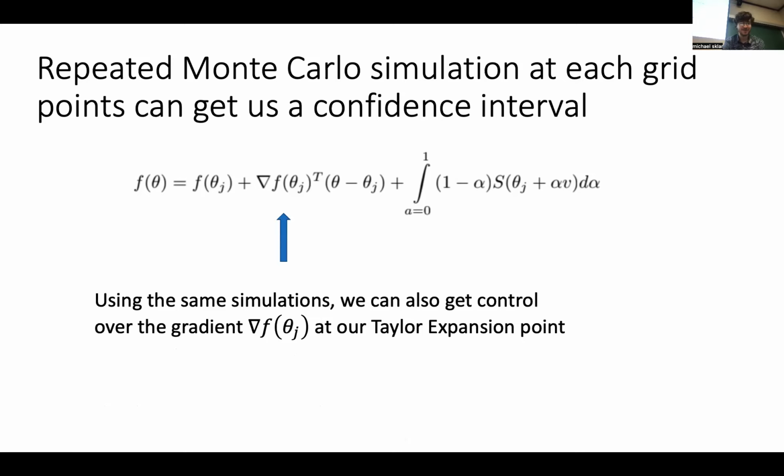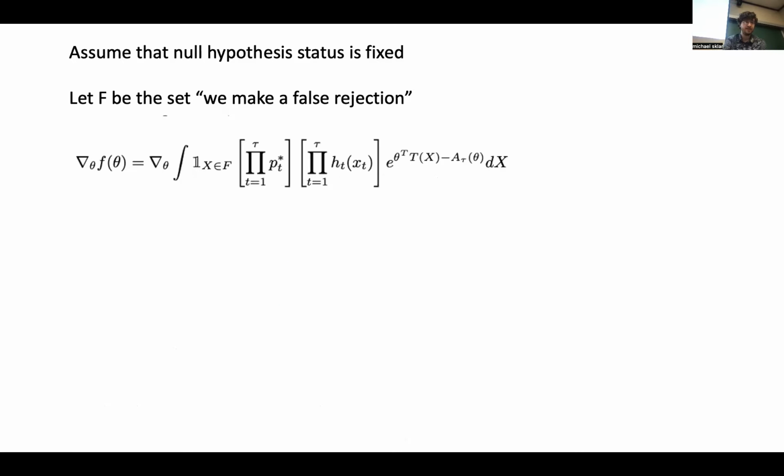Hey, question from before, right? What do you do for the gradient? If we assume that we are in, oh, by the way, something I didn't mention before is we needed smoothness of the likelihood in order to do this. It will require that our rectangles are not jumping across intersection hypothesis regions, that we're within the same intersection hypothesis every time.